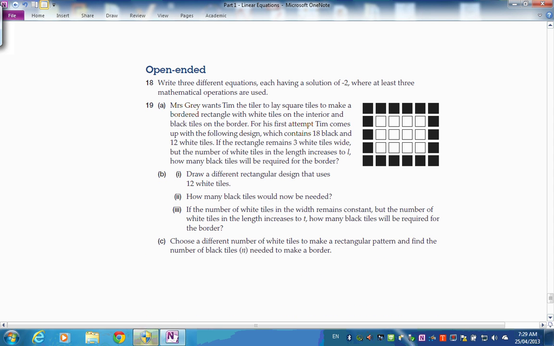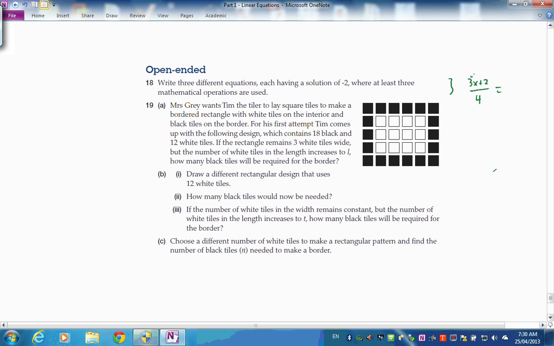Okay, so write 3 different equations, each having a solution of -2, where at least 3 mathematical processes are used. Well, 3 processes, something like 3x plus 2 over 4 equals something.